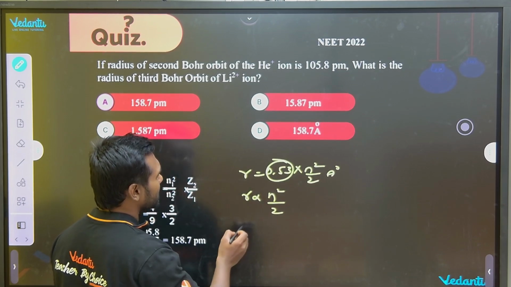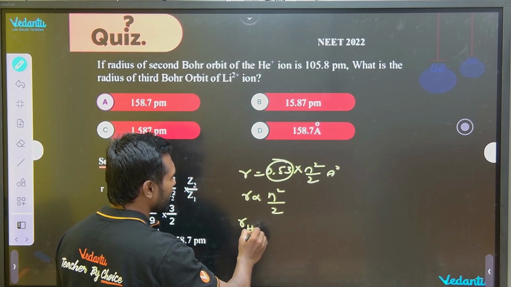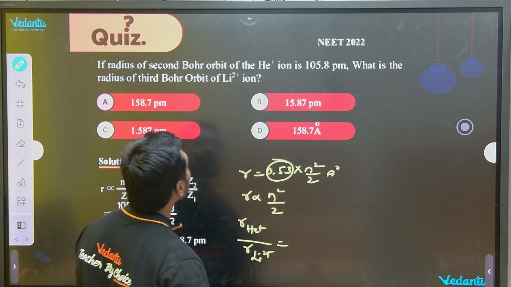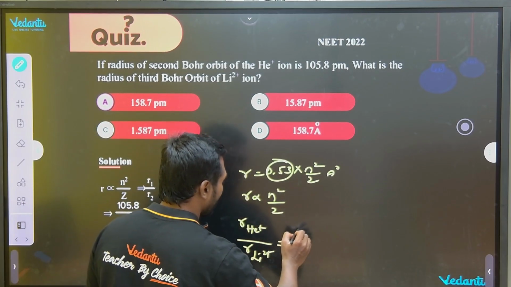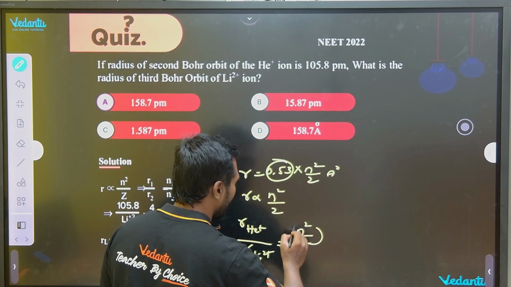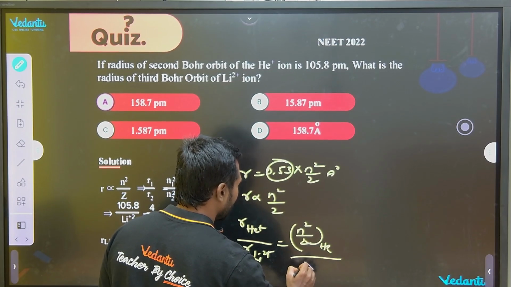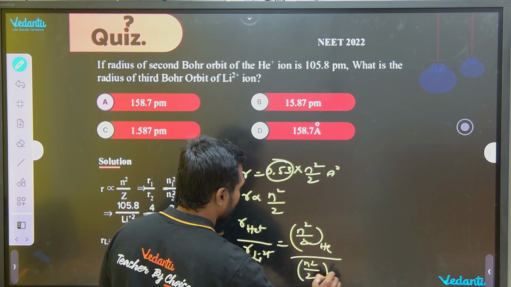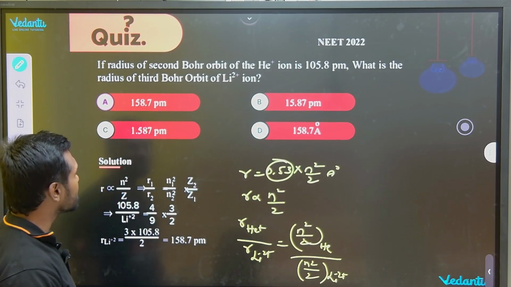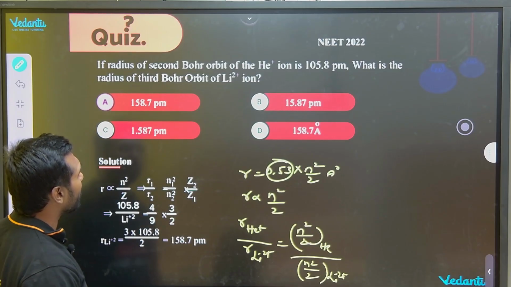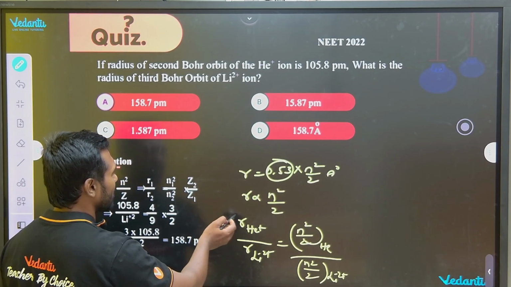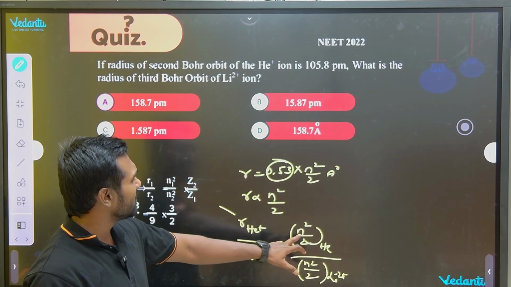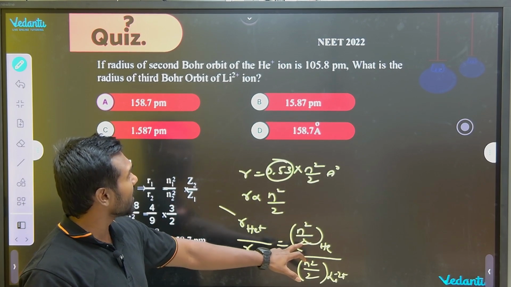Here you have to compare He+ and Li2+, with n squared over Z for each. This is the second Bohr orbit, so n is equal to 2, and the atomic number of helium is 2.